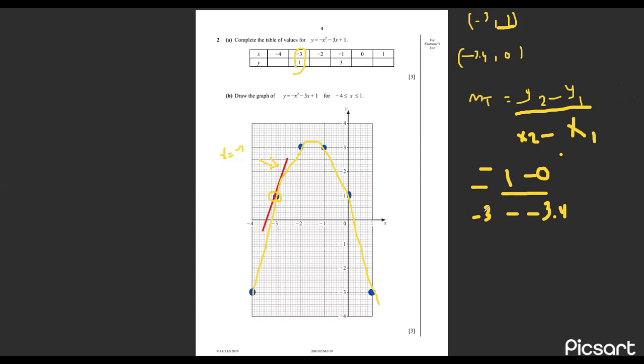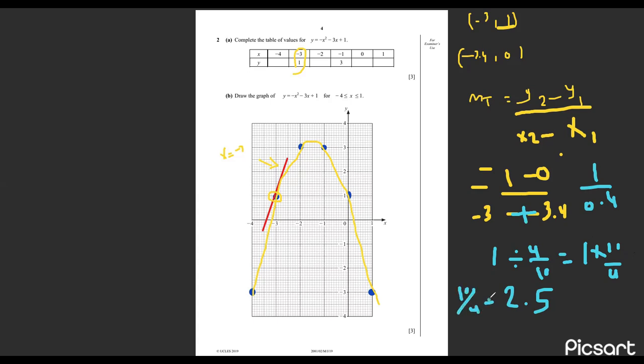We have to merge the sign. So the sign here would be plus, so negative 3 plus 3.4, which will be 1 over 0.4. So it's 1 dividing 4 out of 10, so it's equal to 1 multiplying 10 over 4, which is equal to 2.5. 1 times 10 is 10, 10 dividing by 4 will be equal to 2.5.